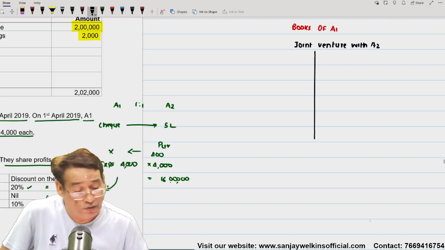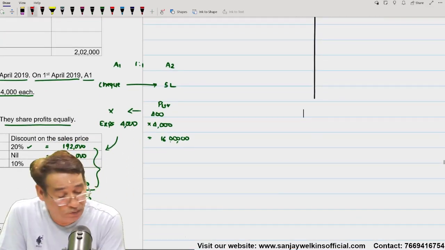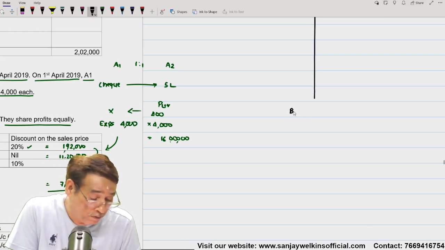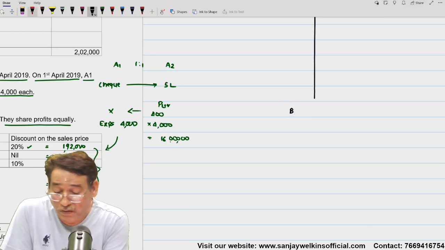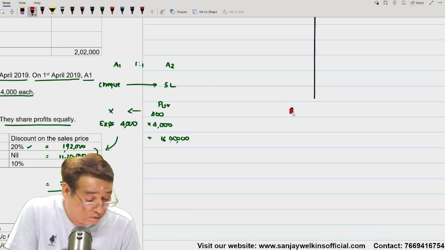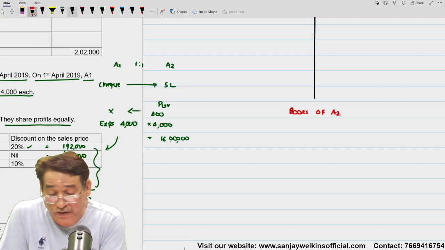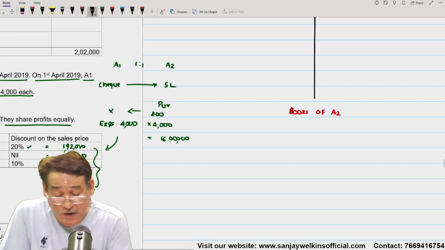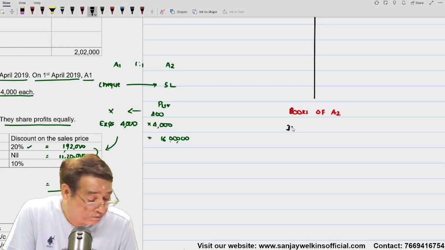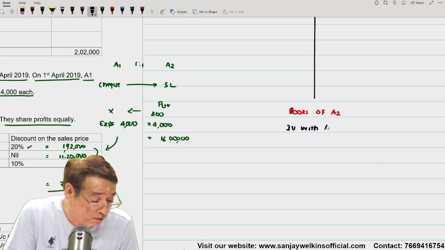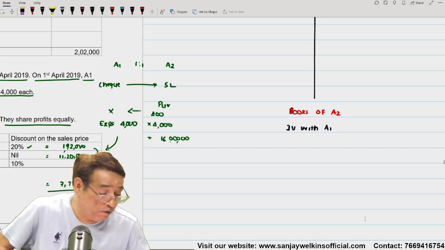Then we are going to prepare in the books of A2. As far as books of A2 is concerned, we are going to prepare joint venture with A1 account.